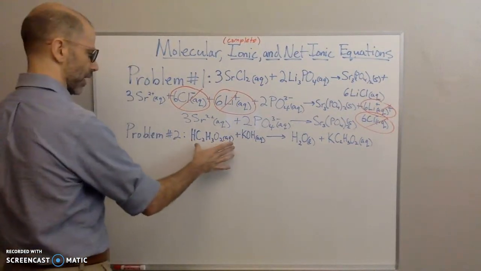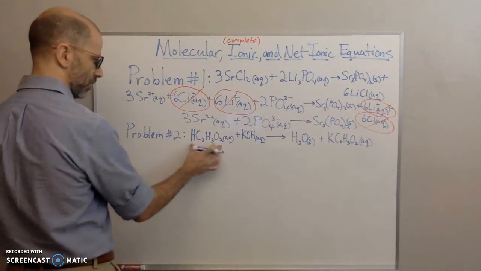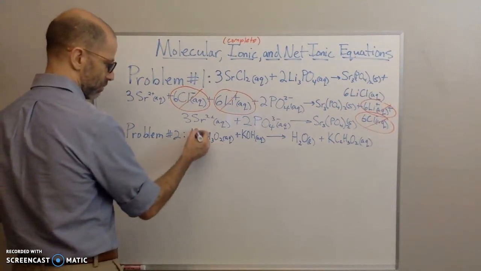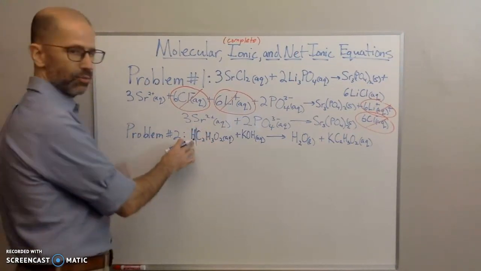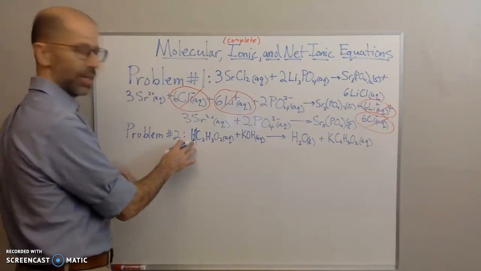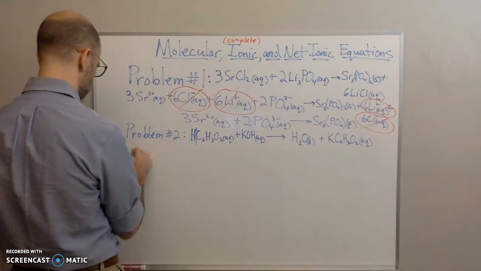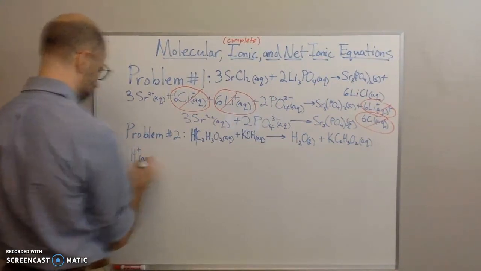So once again, anything that's aqueous, we're separating the ions. So in this case, since this is an acid, the first hydrogen that represents the acid is an acidic proton. So that's going to come off. That's going to ionize. So you're going to get H+ aqueous, right?